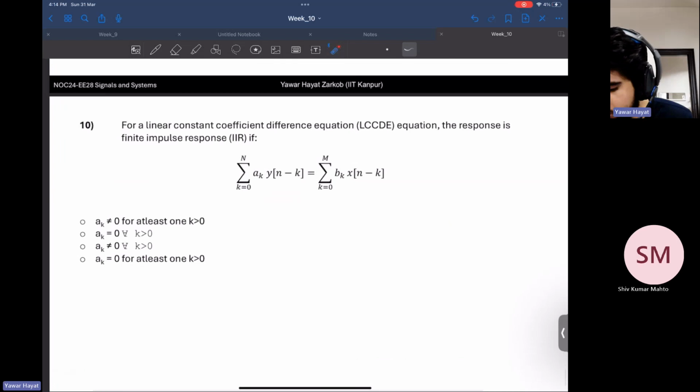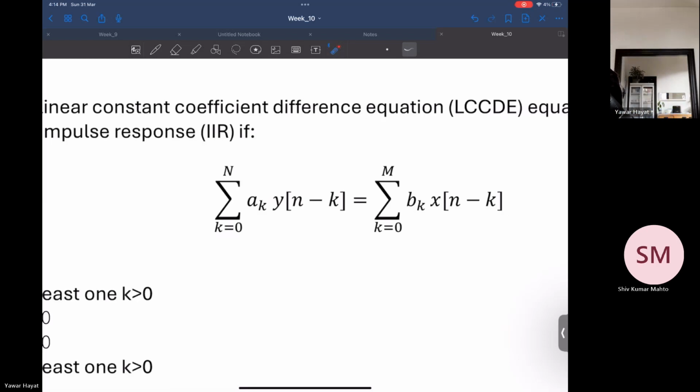Similarly, what about this question, question number 10? For a linear constant coefficient difference equation, again it is the same equation, you need to determine the condition under which the response is a finite impulse response.